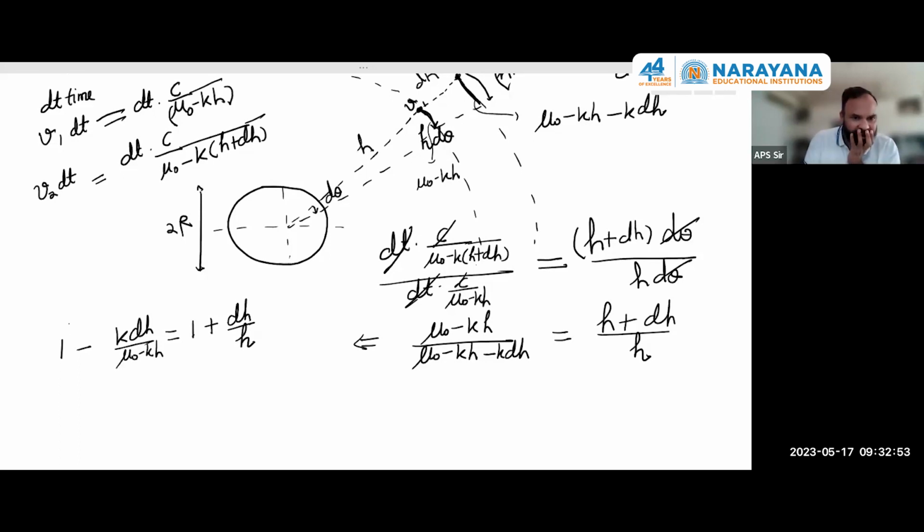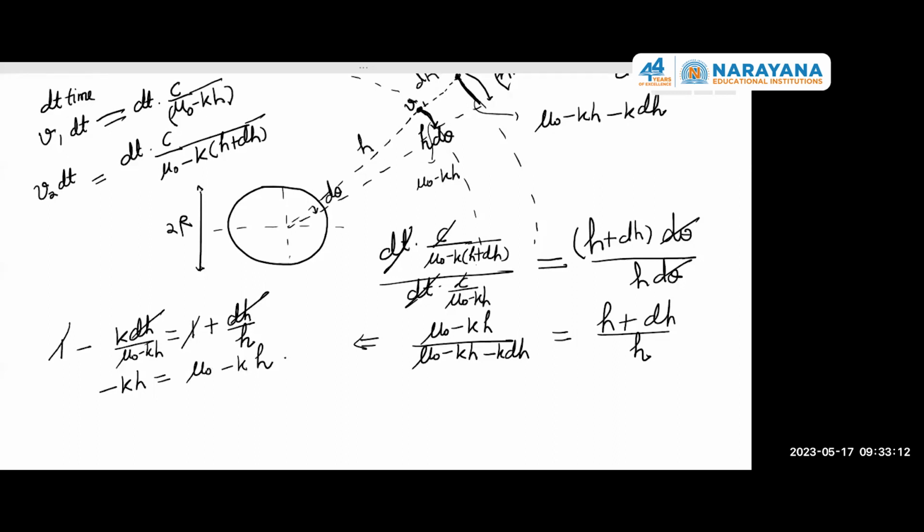So this term will cancel out, and dh will also cancel out. So minus kh is coming out as mu naught term minus kh. Just check this term carefully. Have I missed a negative term somewhere?